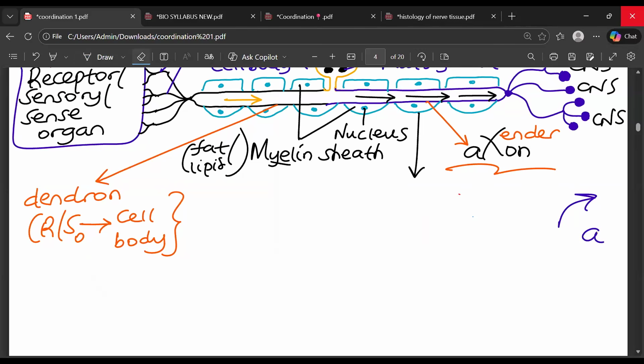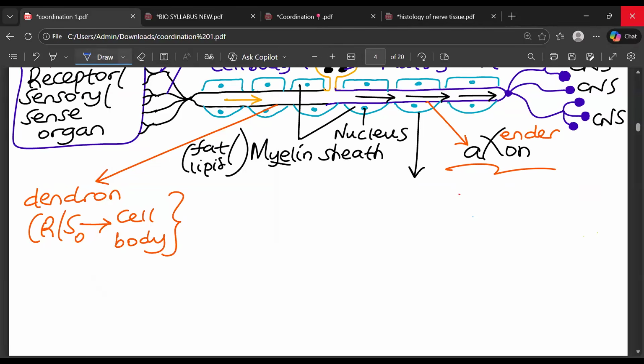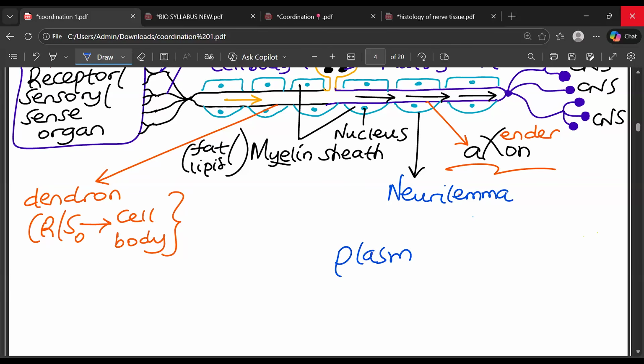That is the membrane that is trying to cover the neuron, as you can see. You just look at where I'm putting neurolemma. I think you can see that it is the membrane trying to cover our neuron. Neurolemma. Just like plasm, we have what we call the cytoplasm for the cell.